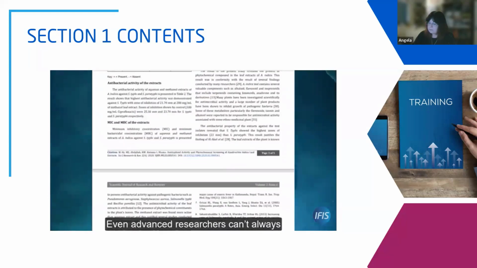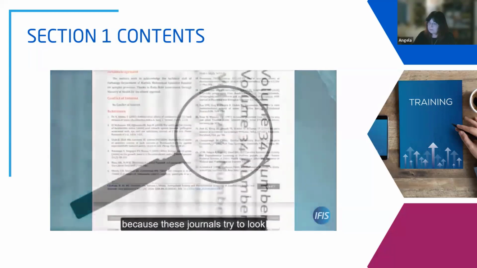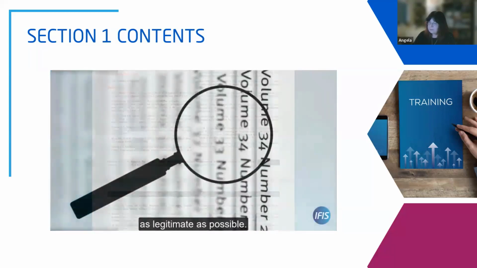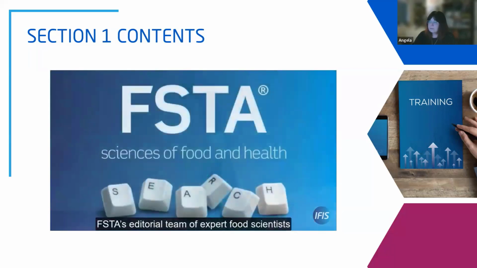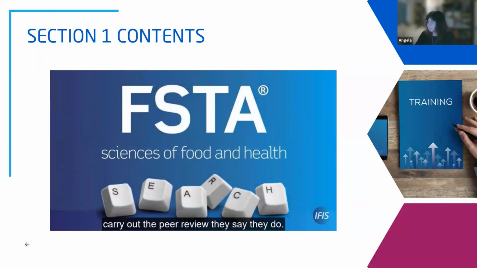Even advanced researchers can't always easily identify when a journal is predatory because these journals try to look as legitimate as possible. But FSTA's editorial team of expert food scientists check every journal included in the database to be sure they are legitimate and really do carry out the peer review they say they do.